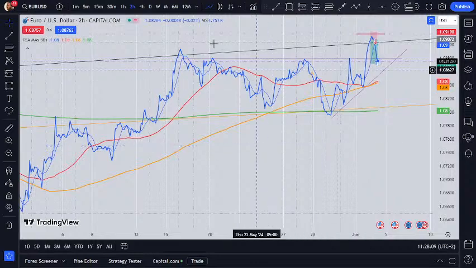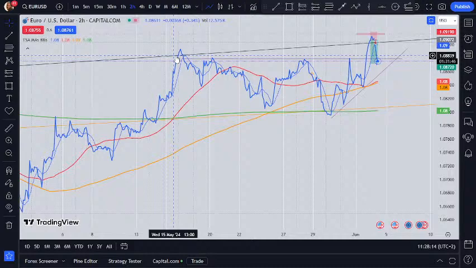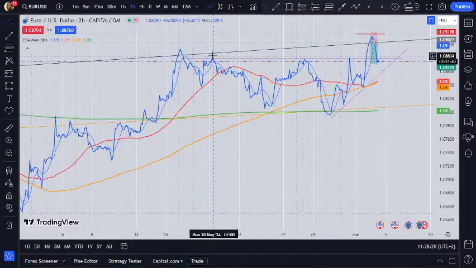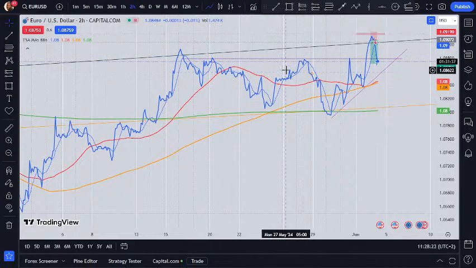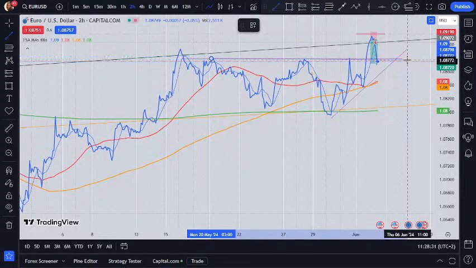Okay, so you see in this area somewhere there, in fact all this, all of this is a potential support because price poked into this area multiple times, approximately that area.